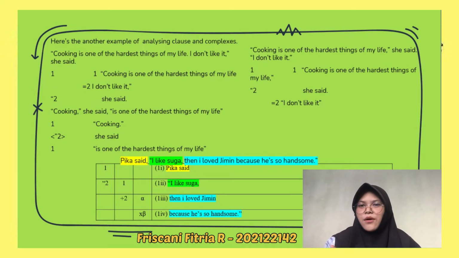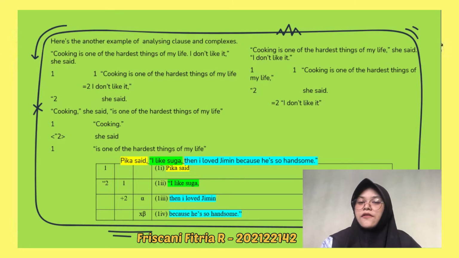So the number 1 in the first is the whole sentence that is connected with the words "she said." And "I don't like it" is not directly connected with "she said," but it is directly connected with the first clause. That is why we need to label it 2 times, as 1 and 1.